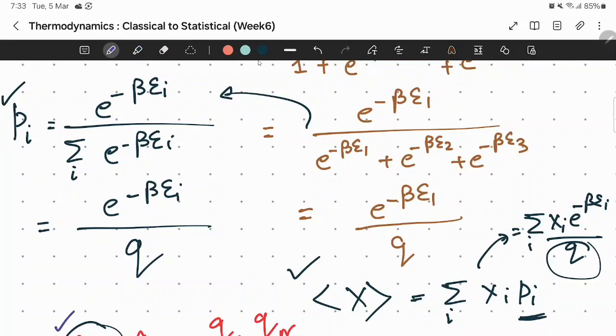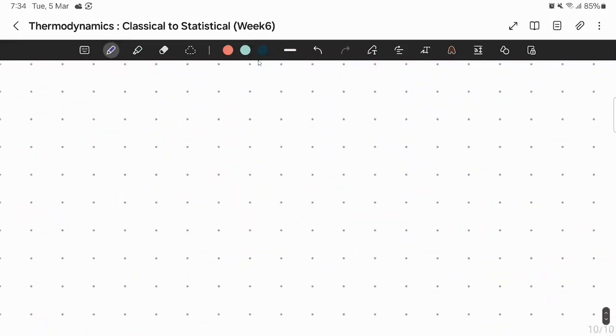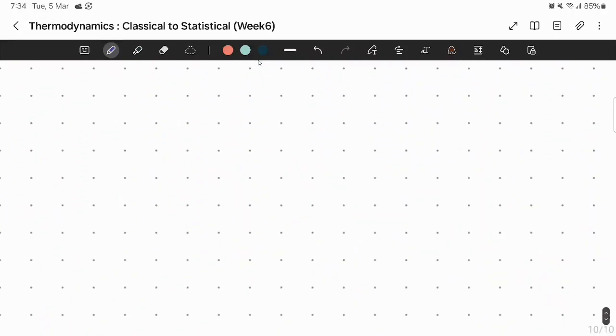You can think of it like this: the translational energy is very high compared to rotational. If you study spectroscopy, the vibrational energy gap is very small.